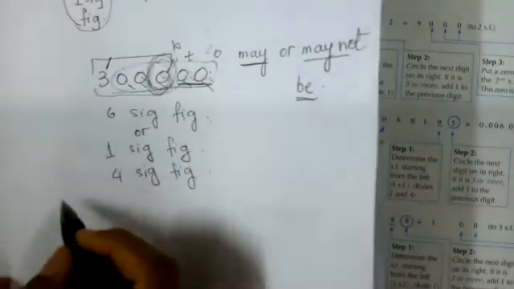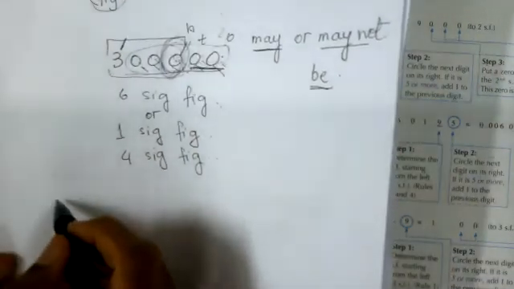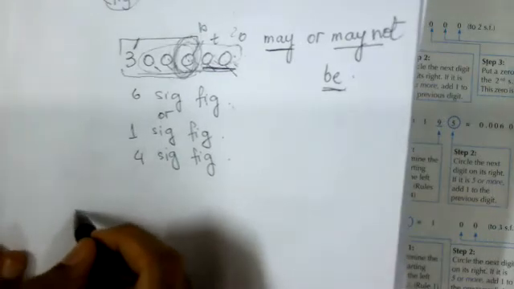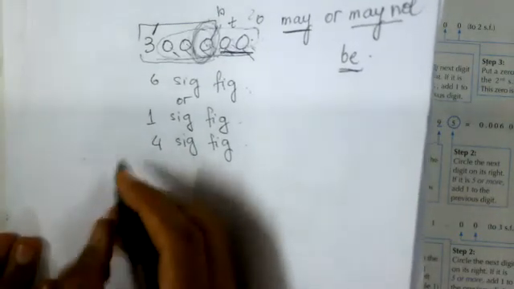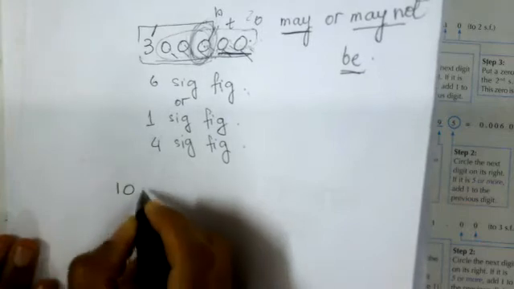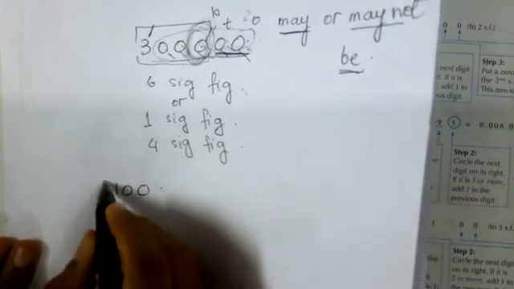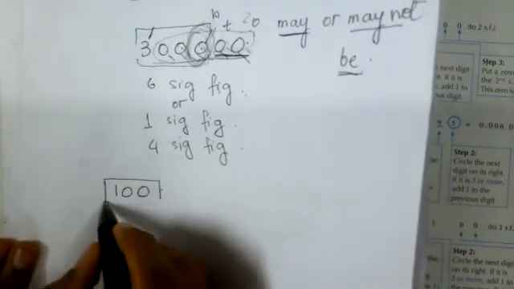Now I'll give you just one last example. For example, I say that the pages in my science book are 100.